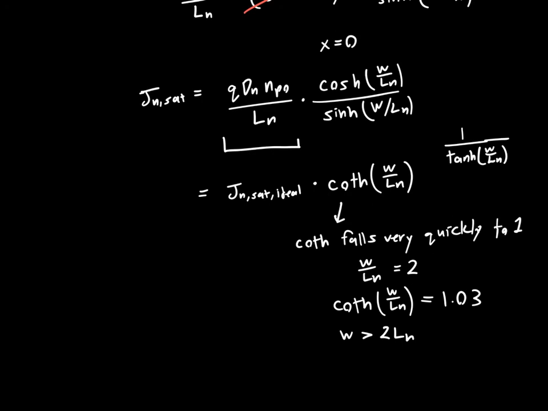Another interesting observation is that this term is always greater than 1. So in other words, the ideal current that we predicted from our diode is always going to be an underestimate. It might be a slight underestimate or a large underestimate, but our ideal expression is less than the reality.